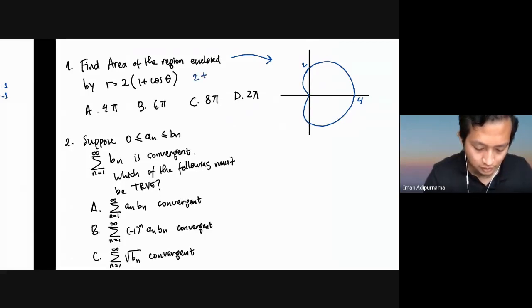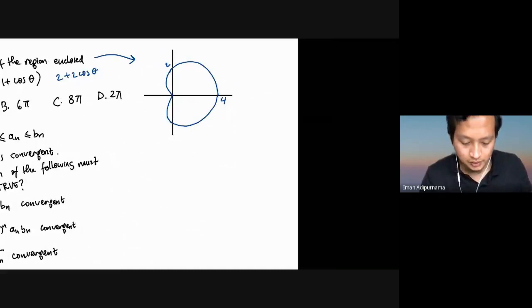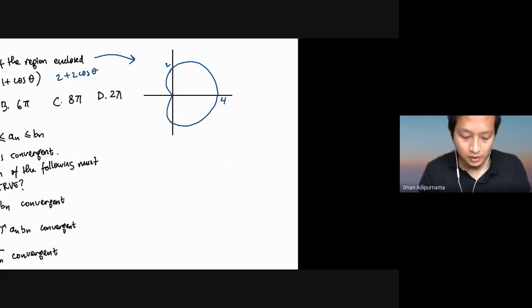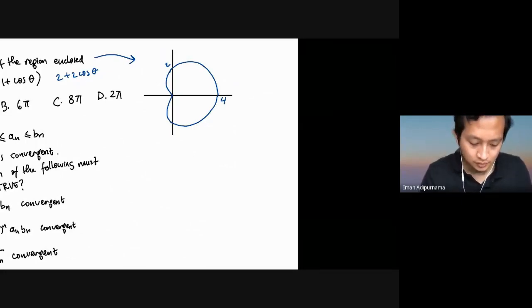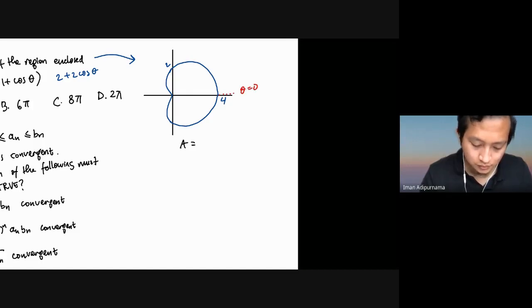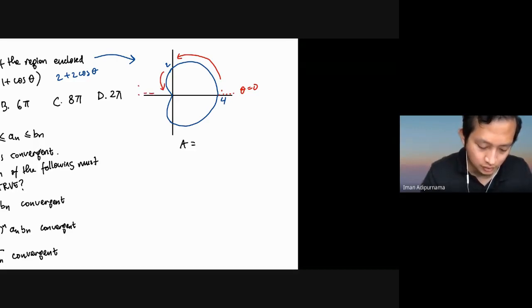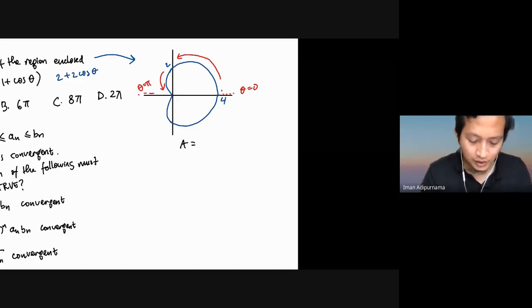To find the area, you can do that by evaluating from theta equals 0 until theta equals pi, and then multiply by 2.